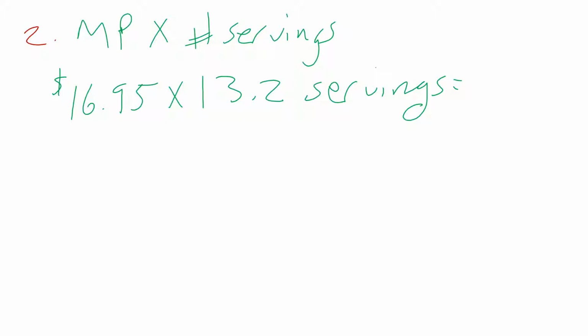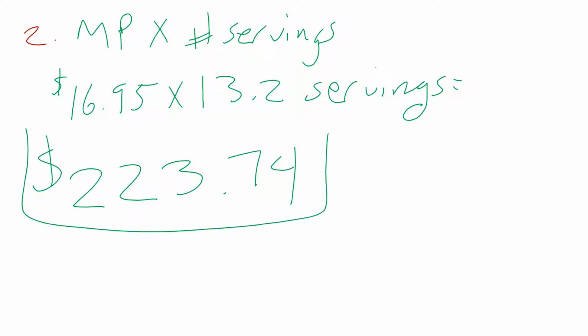And so that 0.2, for every 5 briskets that I smoke, I'm going to get an extra serving, okay? That 0.2 is going to add up. So 16.95 times 13.2 gives me what? 223.74. Okay. So that's how much money I should expect to bring in after I've served all my brisket.